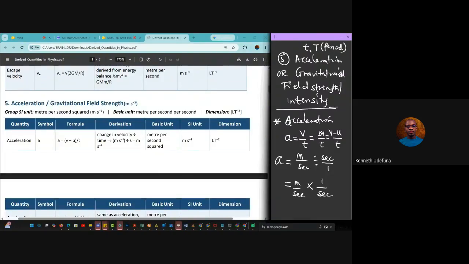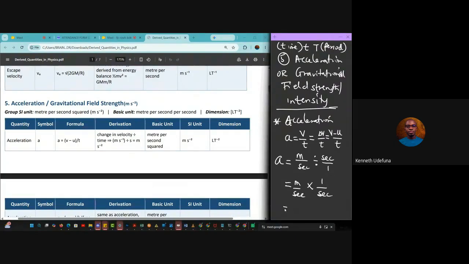But anytime you see small t, it means what? Time. Take note of that. I hope it's clear. All right, so let's proceed. But if you see capital T in dimension, you know what it means in dimension already. It represents your dimension. That one is different. But for formula, you should know the difference between both of them.